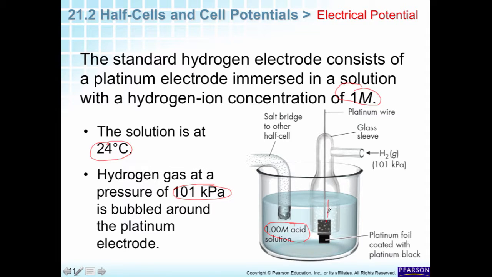We need something to take those electrons and allow them to flow through the wire. So the gas comes in here, it bubbles right here, and then we can have our reduction or our oxidation occurring here at the electrode. It depends on what we connect this to whether it will be reduction or oxidation.